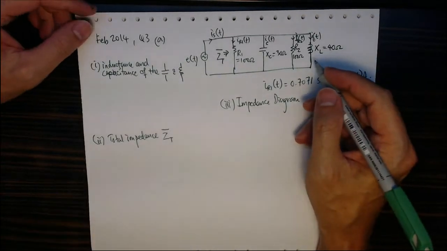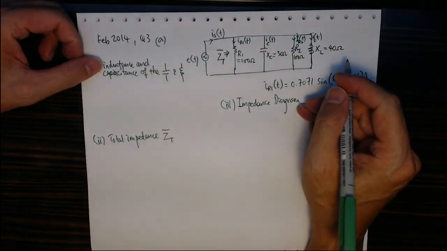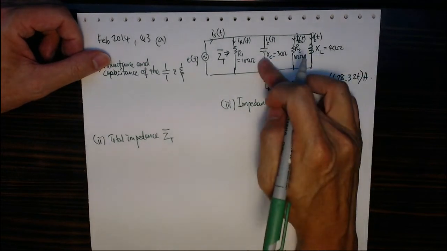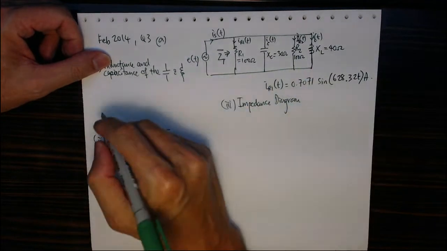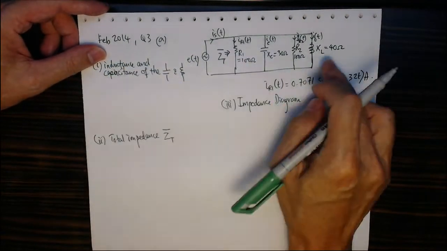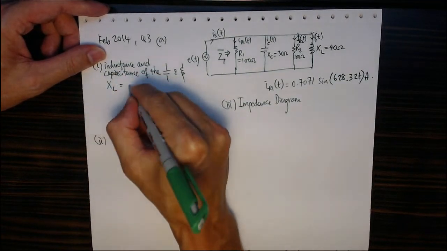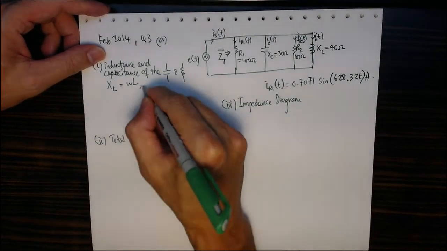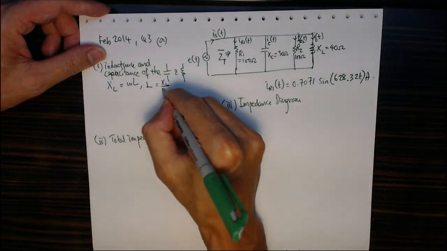Part one. The question wants us to calculate the inductance value and the capacitance value of these two components. So we can start by doing the inductor first. XL is given as omega L. Therefore, the inductance L is equal to XL over omega.